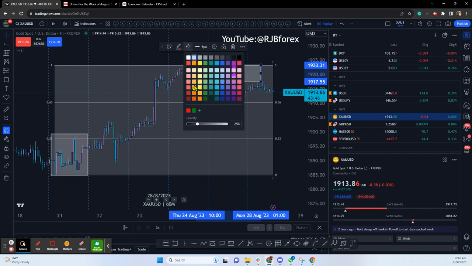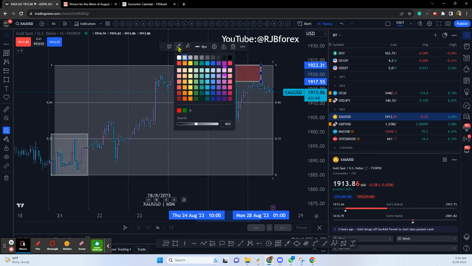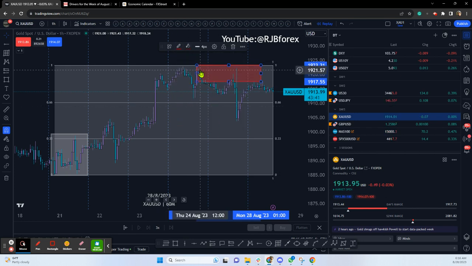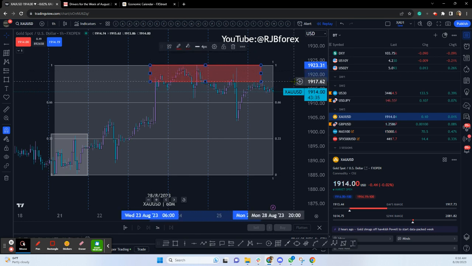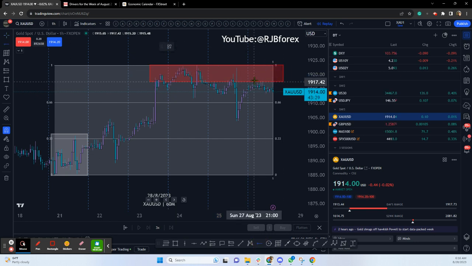Okay. And we've tested about halfway up, and we're meeting what appears to be a resistance level in and around these highs.